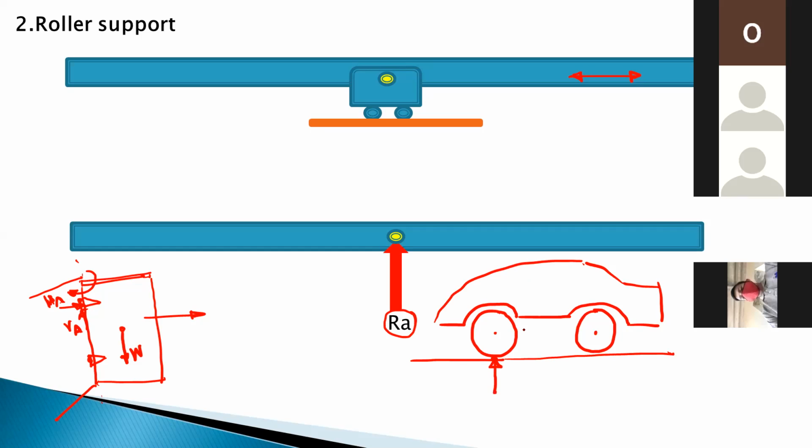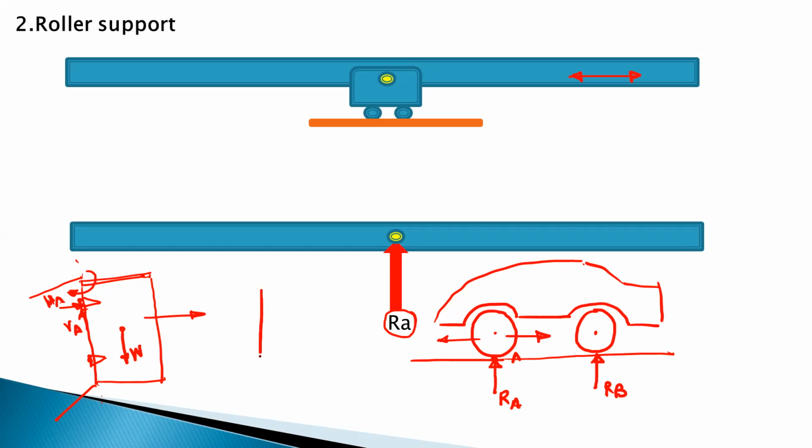When you draw the free body diagram for this wheel, we have to show only a single reaction. Suppose this point is A, so this will be RA and this will be RB. So the roller support will allow movement in the horizontal direction.